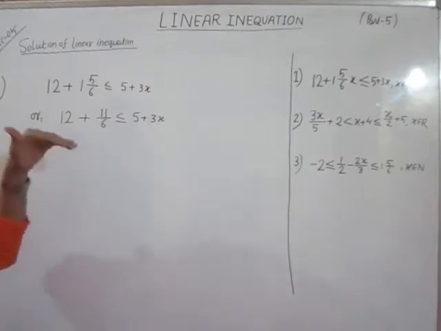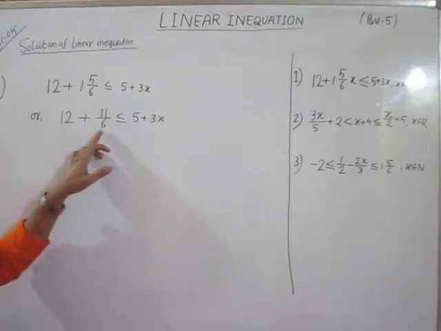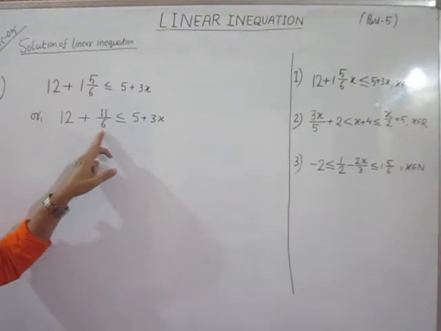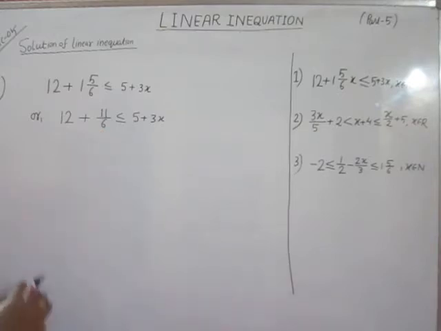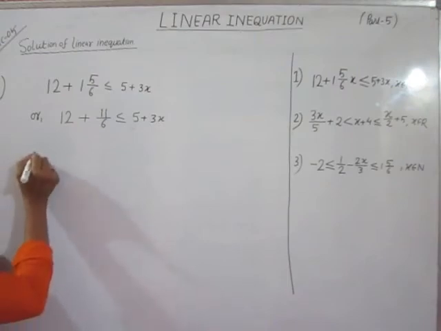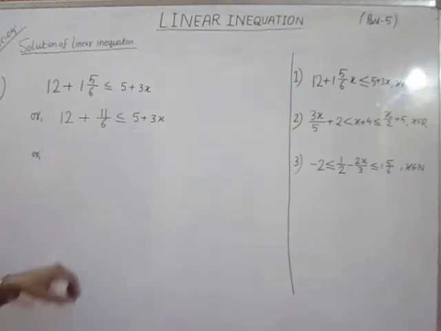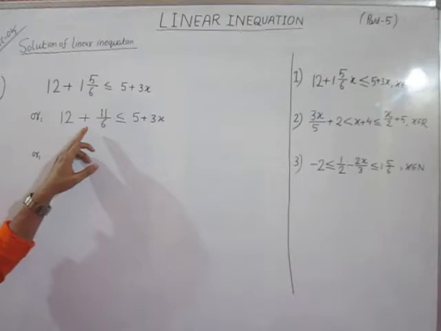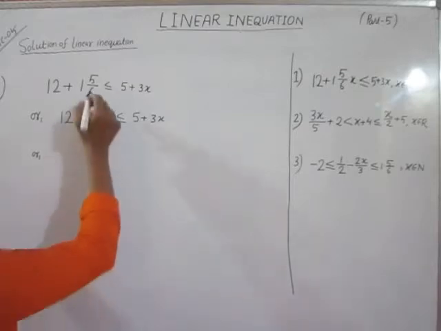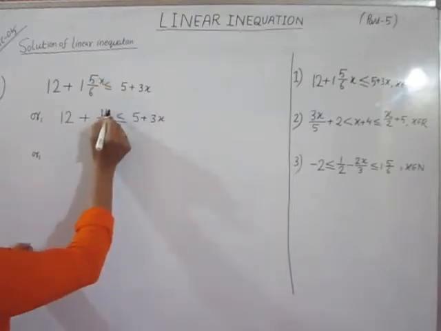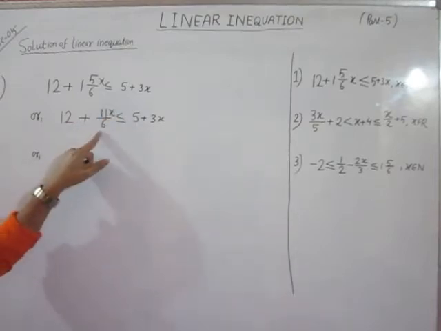Now the first step is, here 6 is given in a fraction. So our first step is to remove the fraction. For removing the fraction, here x is also given, if I multiply by 6, this 6 will be cancelled.